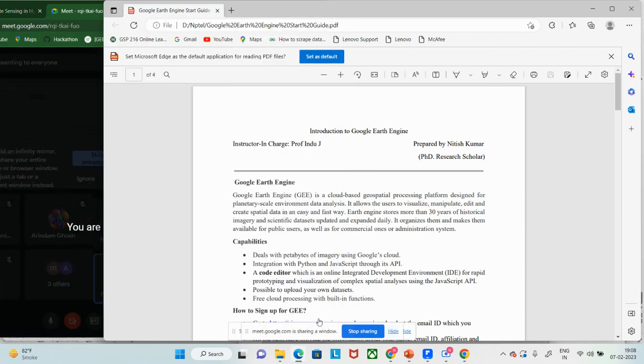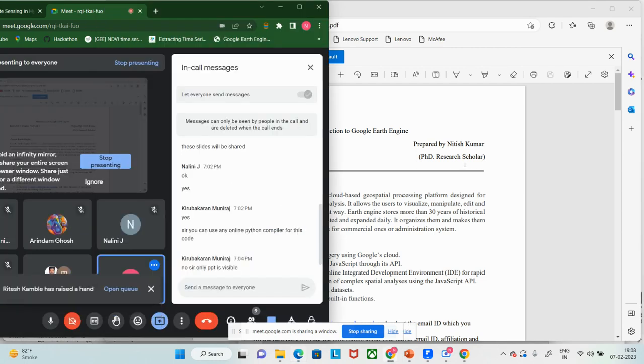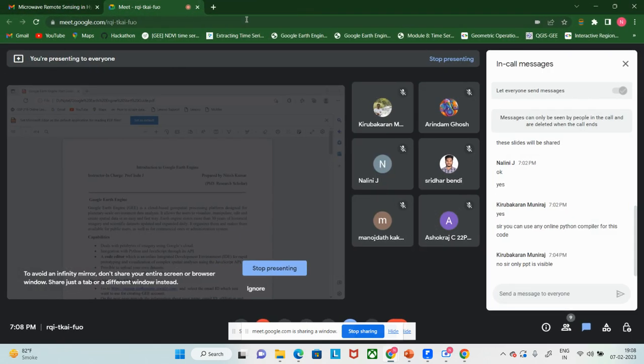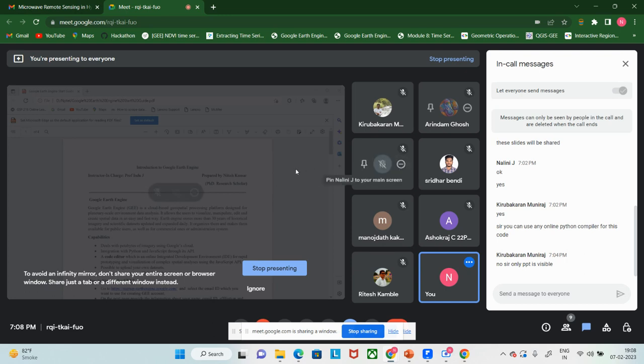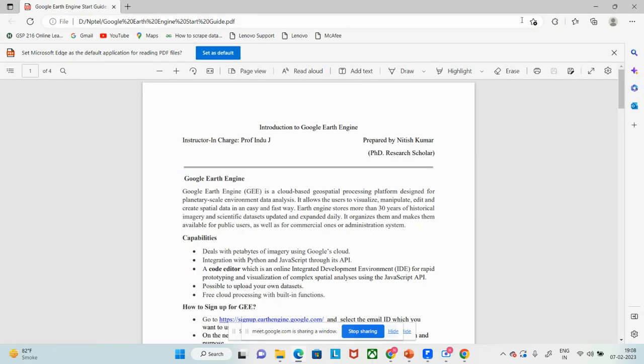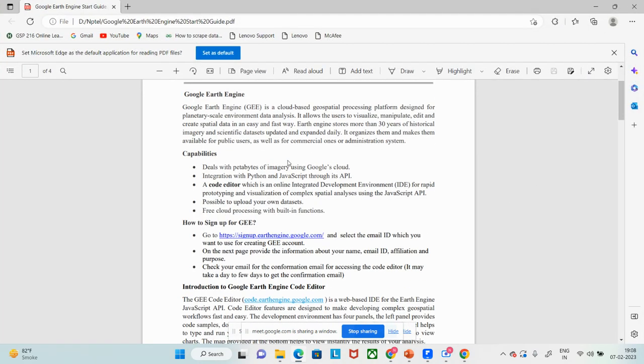Are you able to see one PDF where I have written about it? Someone has raised a hand. Can you tell me what is your doubt? No doubt. Okay. I guess you are able to see this Google Earth Engine intro I have made.